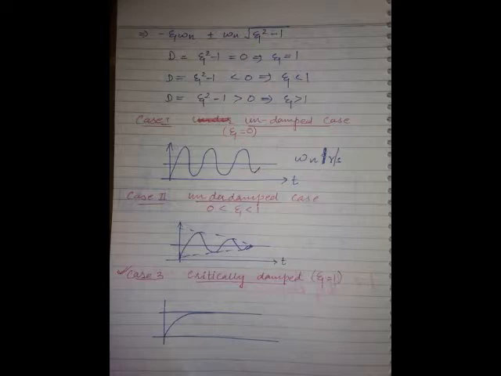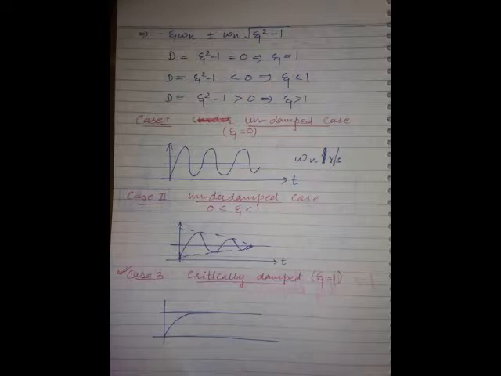Here minus 0.5 omega n plus or minus omega n root of 0.5 square minus 1, which is less than 0. So this is the real part and this is the imaginary part. These roots are now lying in the second and third quadrants of S-plane because they have a real part and imaginary part, like this. This is how they are lying.